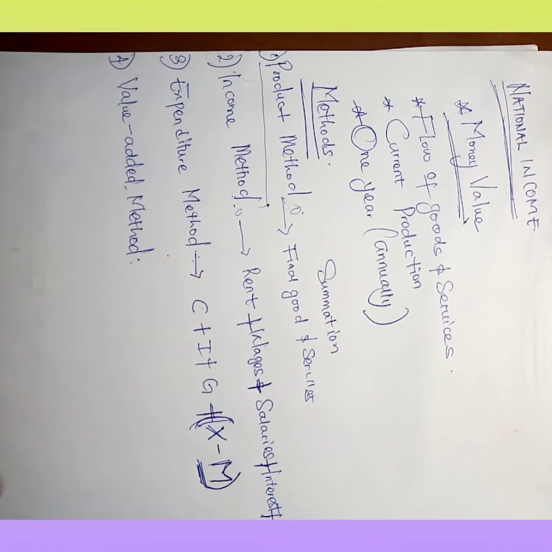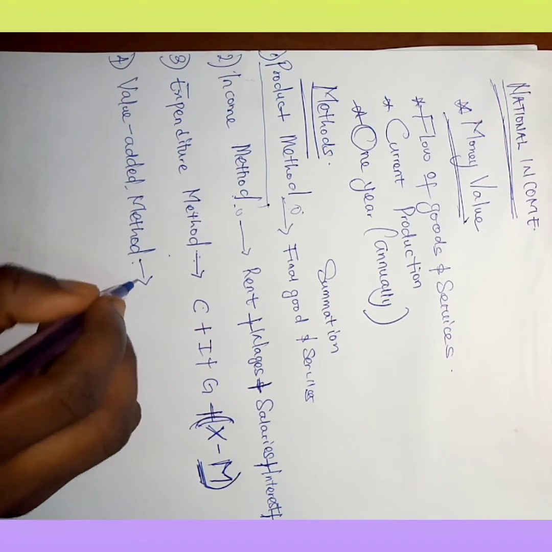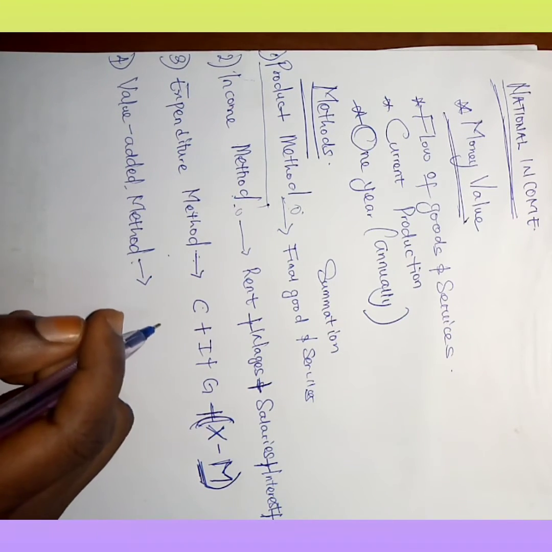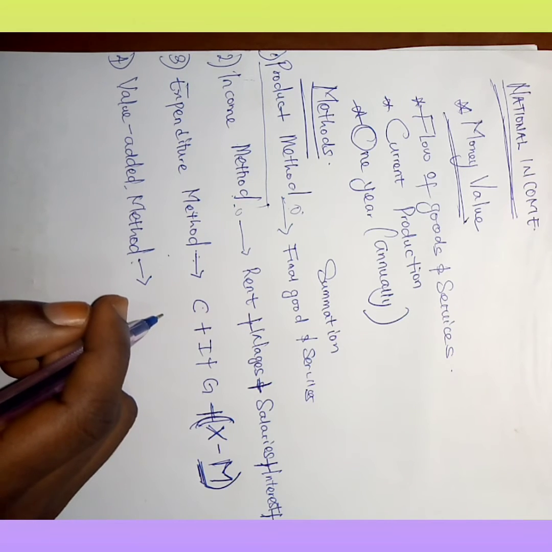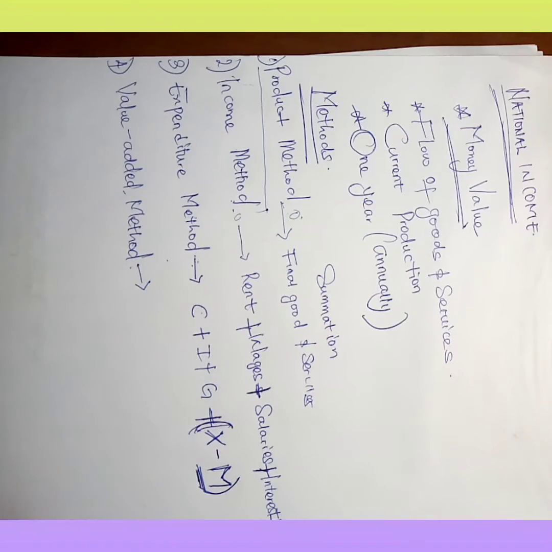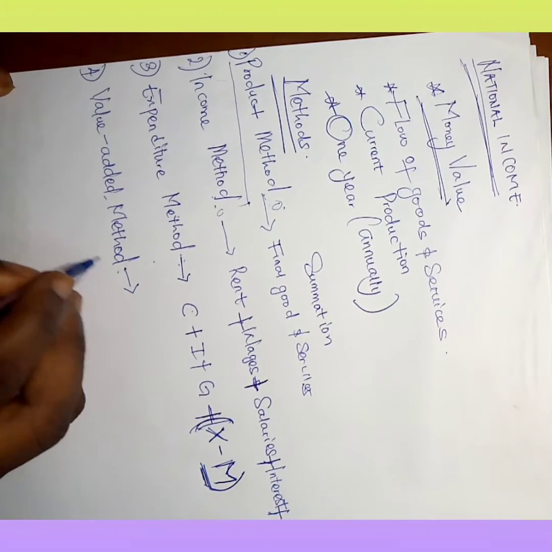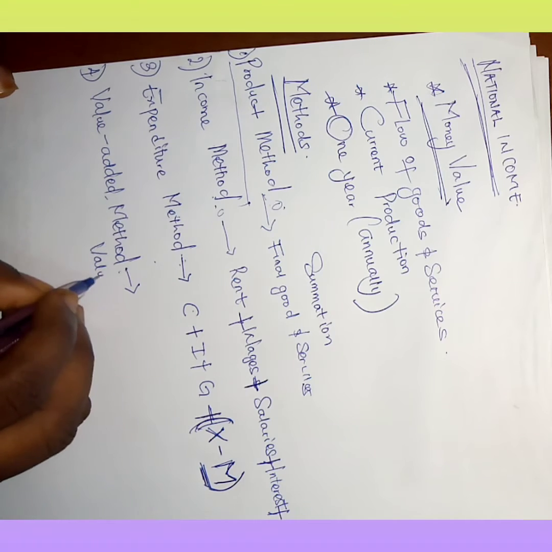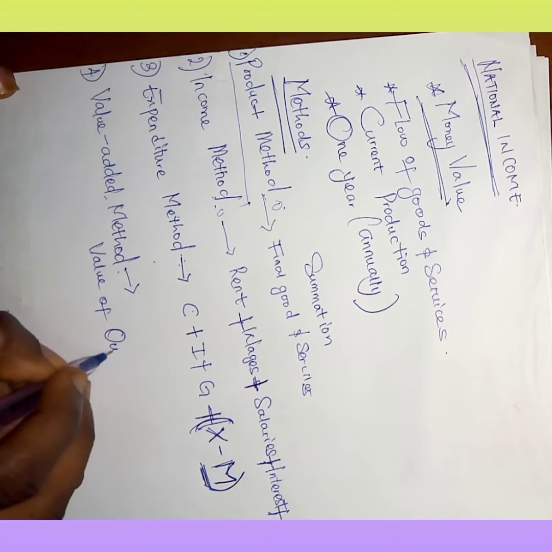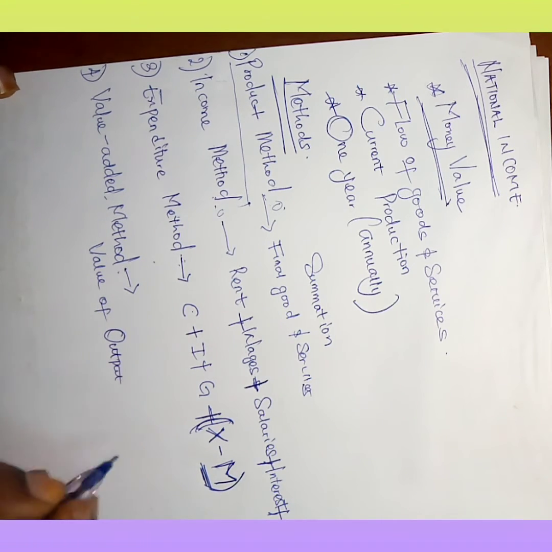And lastly, we have the value added method. The value added method takes into consideration the value of goods and services added at each stage of production. So for instance, let's say we have the value of output here, and we also have the intermediate value here.